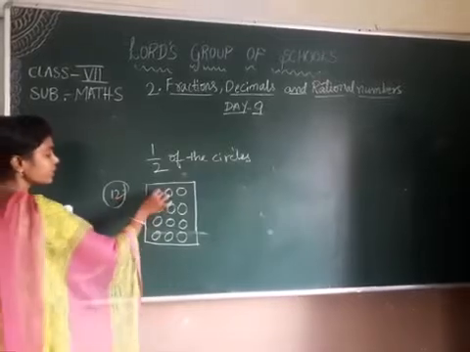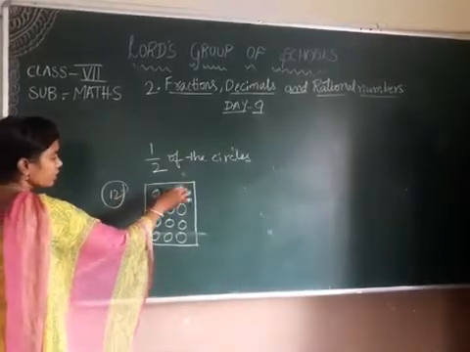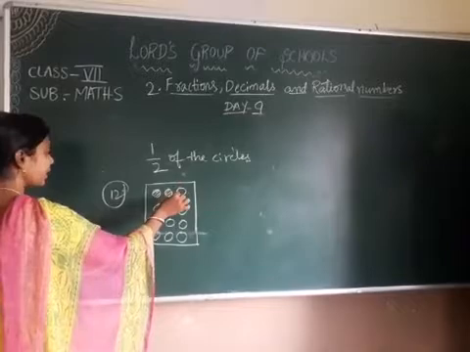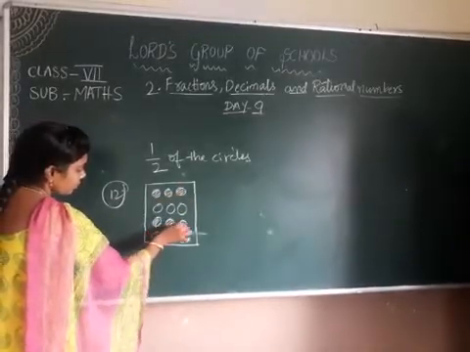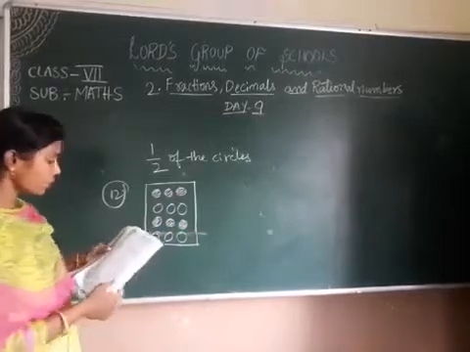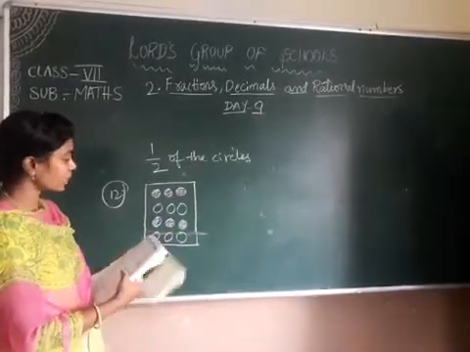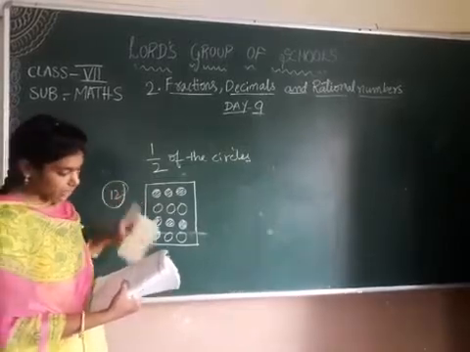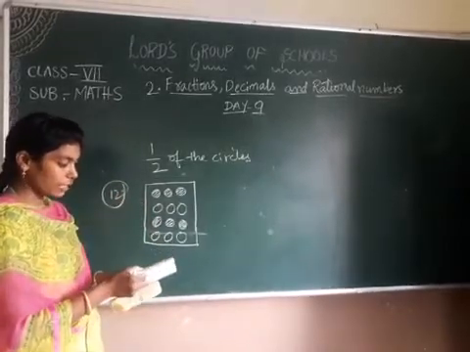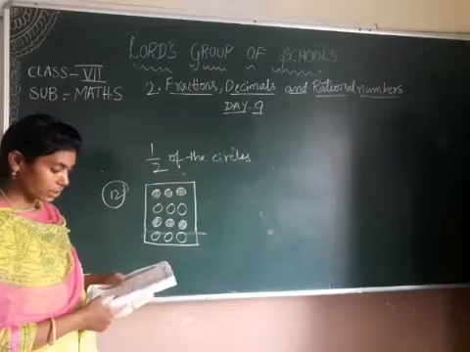You can shade any 6, that's your wish. For the first one, total are 12, and I have shaded 6 circles. Like that you can complete the second, third and fourth.